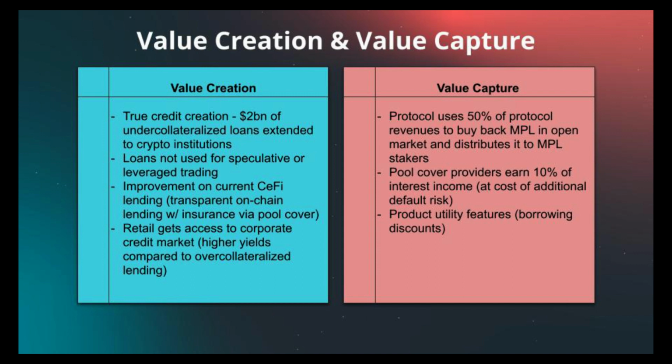And then the last part is the utility around features. So if you're a borrower, holding Maple is probably something you want to do to be able to access discounts on a borrowing fee.